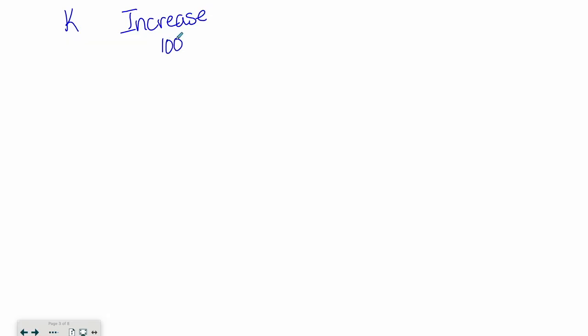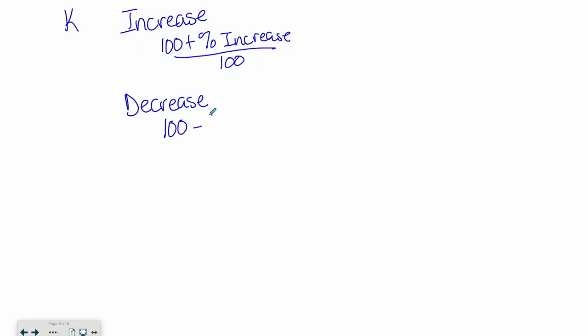So what we noticed was that in our equation, our K value, when it was an increase, if we did 100 plus the percent increase, and then divided that by 100, it would give us our K value. When it was a decrease, we did 100 minus the percent decrease and divided that by 100 to get our K value.